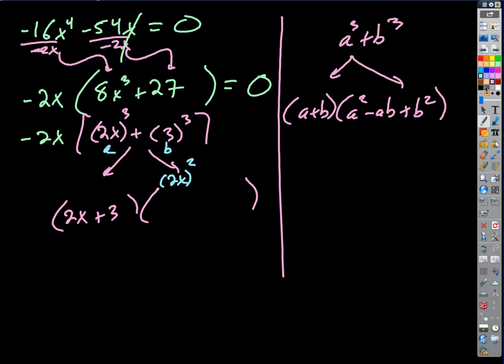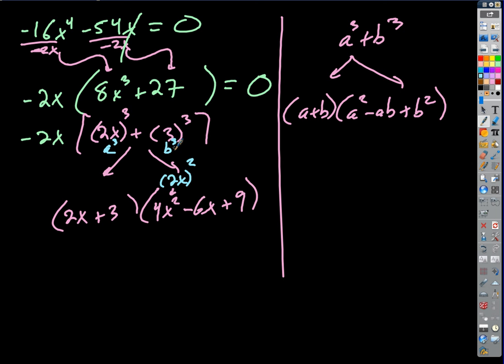Okay, so we end up getting 4x squared minus a times b, which would be 2x times 3 is 6x, and then b squared is 3 squared, plus 9. Everybody see that?